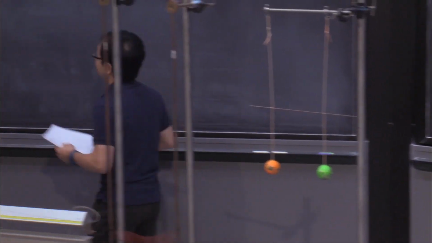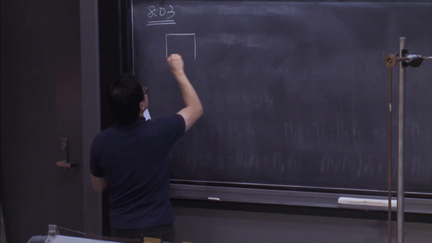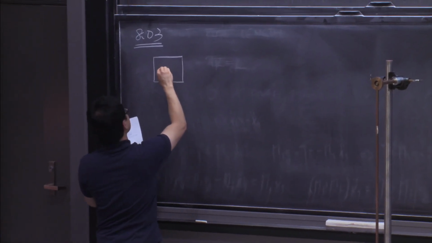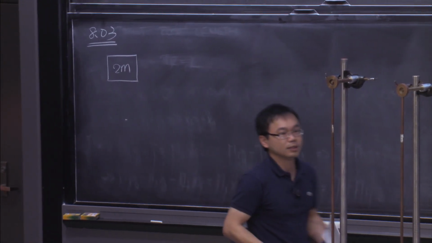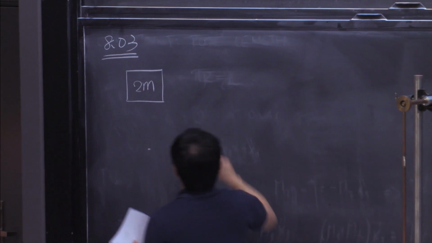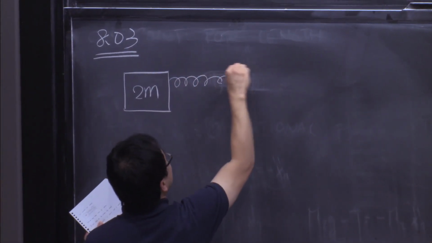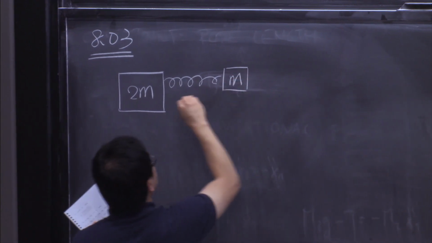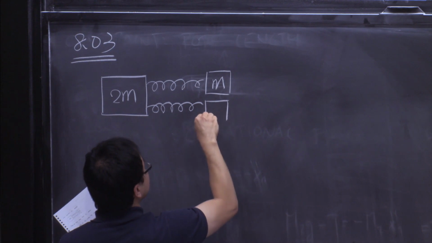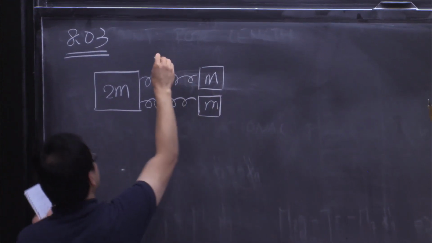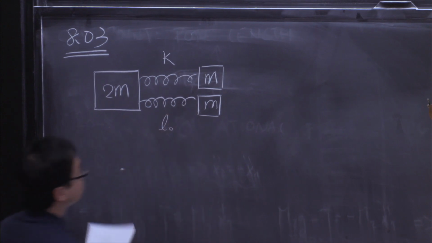Let's take a look at a system together and see if we can figure out the motion of this system. I have a system with 3 little masses. They are connected to each other by springs. Those springs are highly idealized springs, and they have spring constant K and natural length L0.